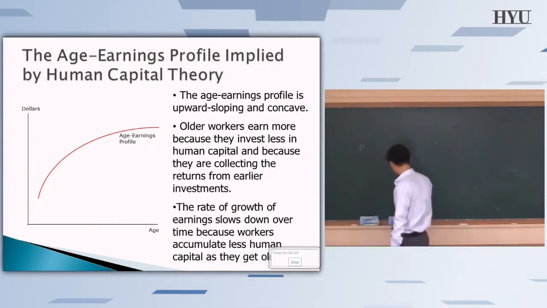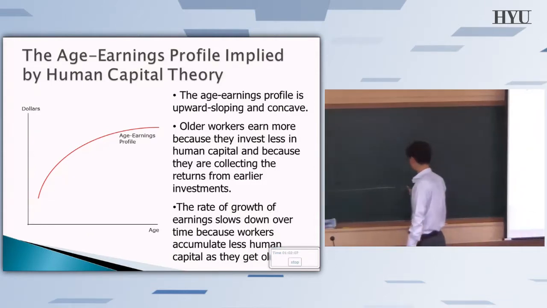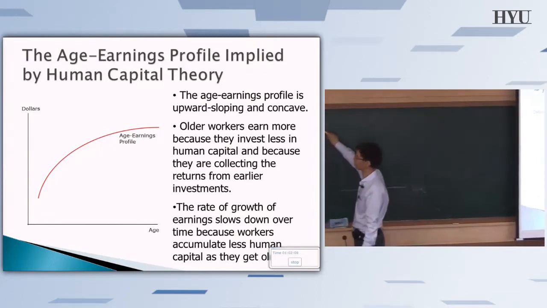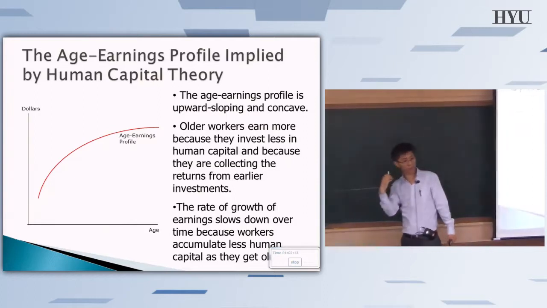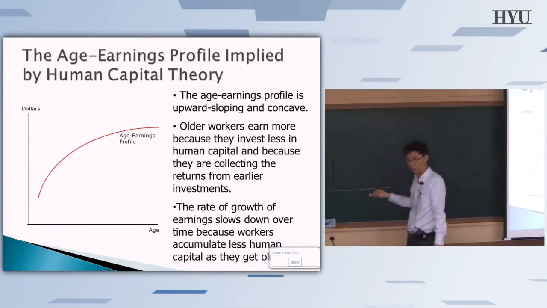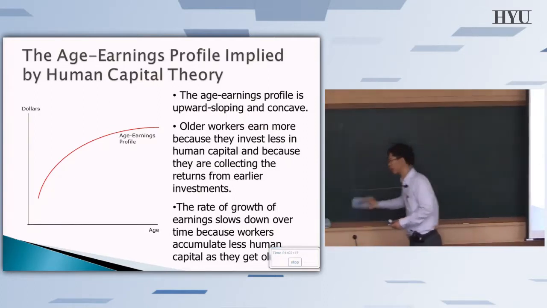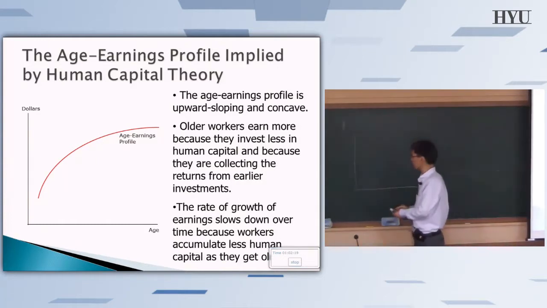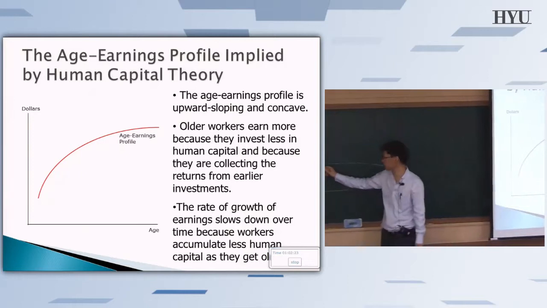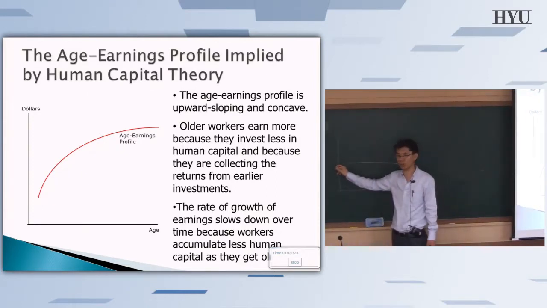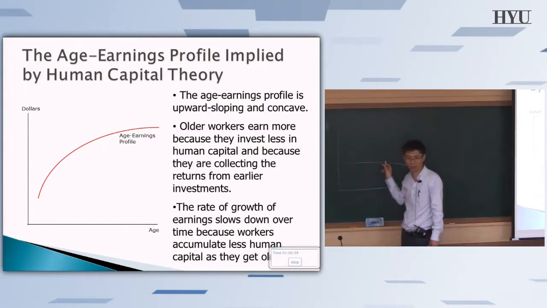Actually, if there is no training whatsoever after school, the age earnings profile doesn't have to have this shape. It is quite possible that the age earnings profile is simply flat. You acquire a certain level of human capital while you are in school, and you don't add anything, which means you don't pay anything for training.